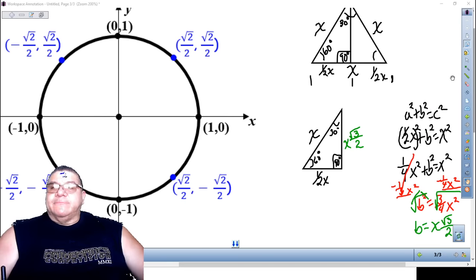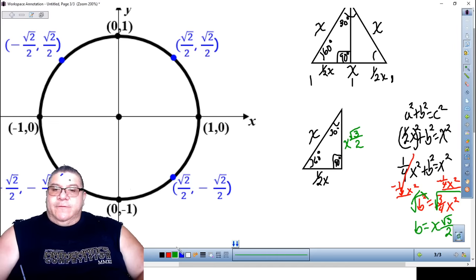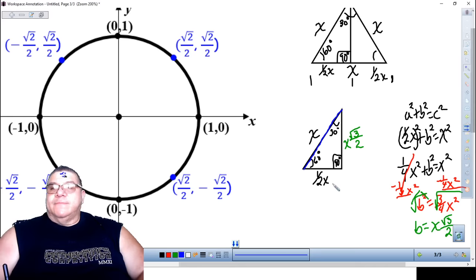Alright, so looking at this right here is our hypotenuse from here to here. Alright, what does that mean? That if I was to draw another line this way, and I'm going to make it 60 degrees.